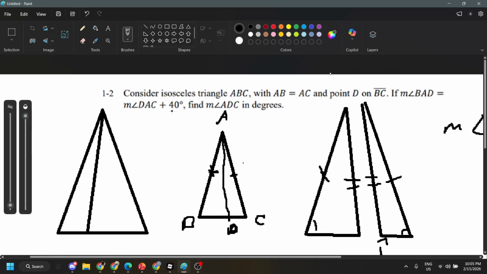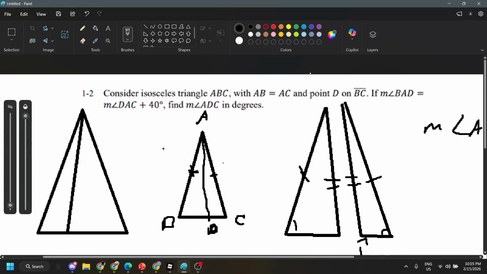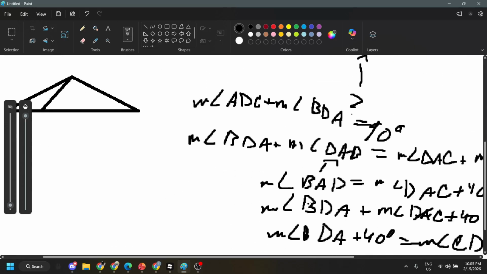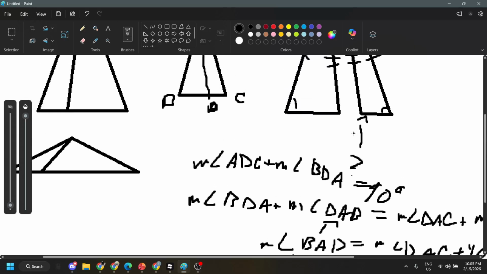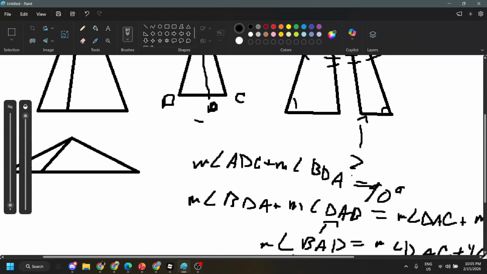Well, if this plus this plus this plus 40 equals 90, this plus this equals 50. I don't know, that plus that does not equal 90. We know this plus this equals 180. I did that wrong. ADC plus BDA equals 180.